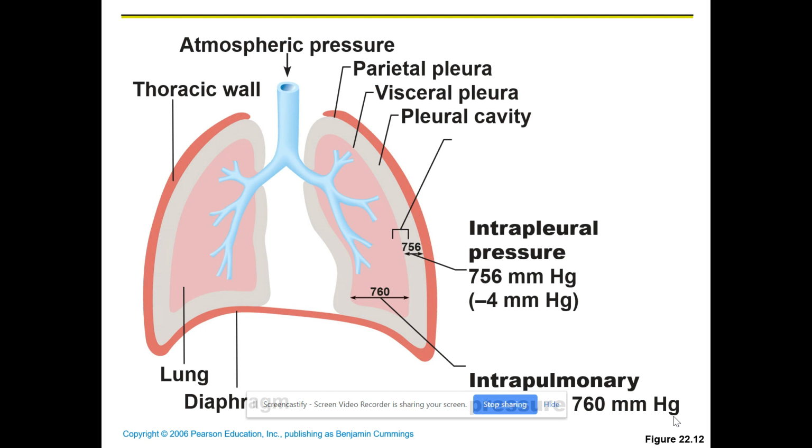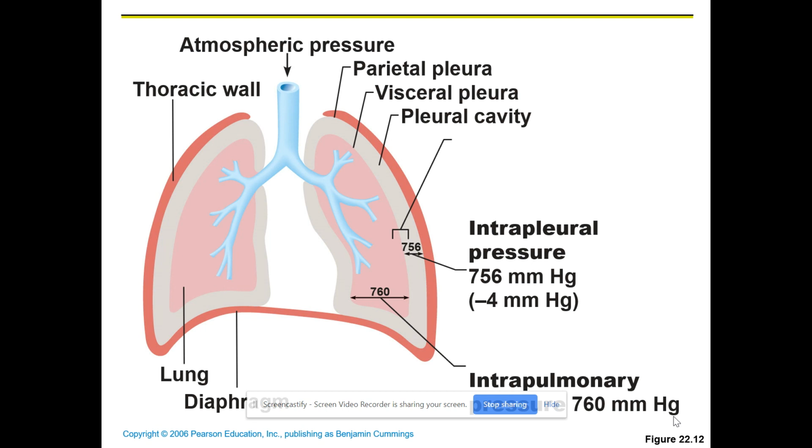However, there's another pressure, and that's the pressure between the 2 pleura. The pressure between the visceral pleura and parietal pleura, or the pleural cavity. This is called intrapleural pressure. This is a sealed cavity, and so it's not subject to atmospheric pressure.